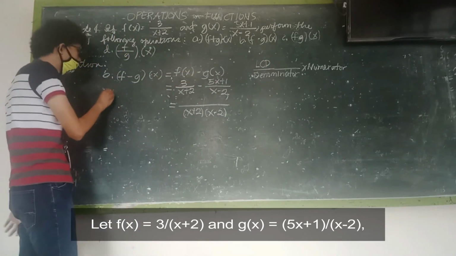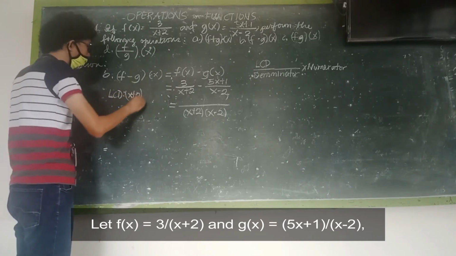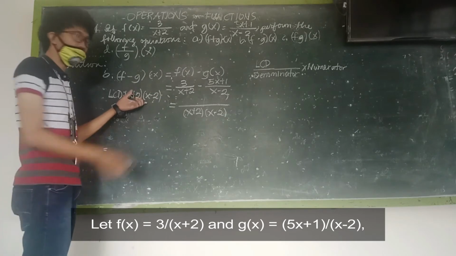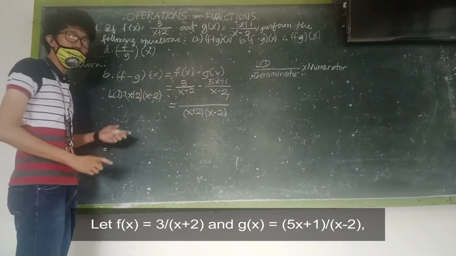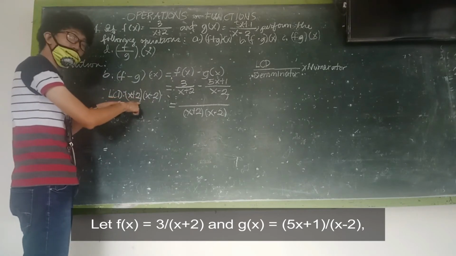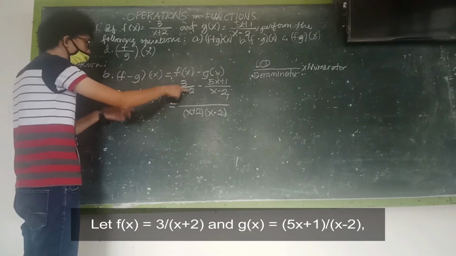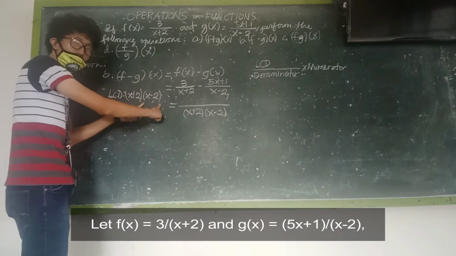LCD divided by denominator multiplied by the numerator. So, kaninang LCD natin dito is x plus 2 times x minus 2. So, itong LCD natin dito, i-divide sa x plus 2, then i-multiply sa 3. So, in this case, x plus 2 times x minus 2 divided by x plus 2, so makakancel ang x plus 2. So, ang matitira na lang is ang x minus 2.